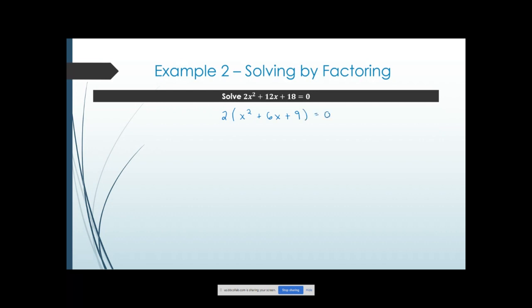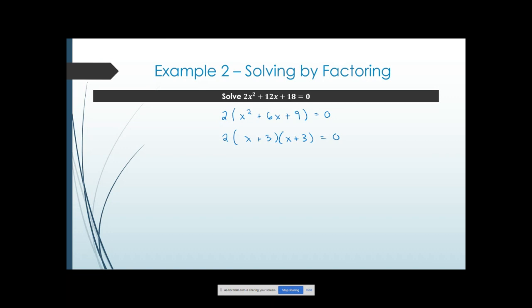So now that I've factored out the greatest common factor, now I want to factor what I have inside parentheses, the x squared plus 6x plus 9. So that gives me x plus 3 and x plus 3 equals 0. So that's one of those special factors.